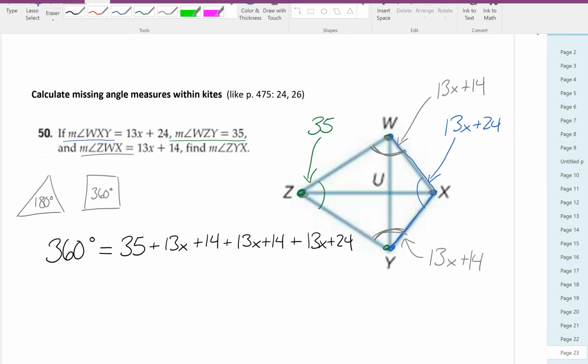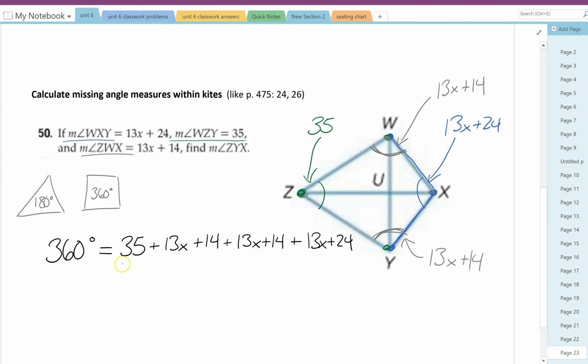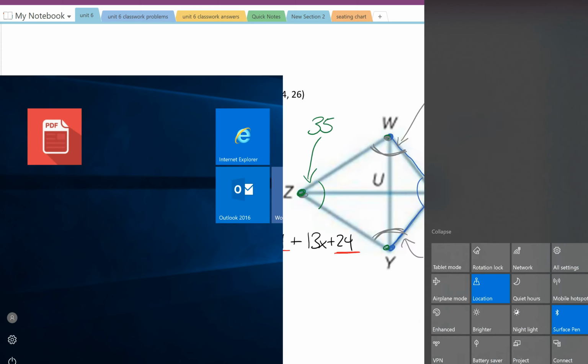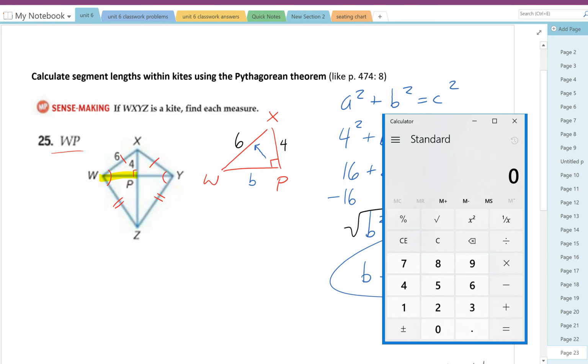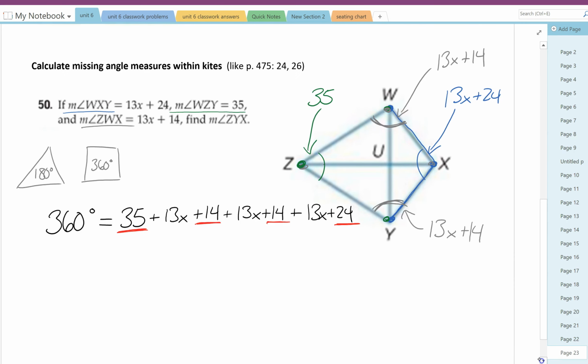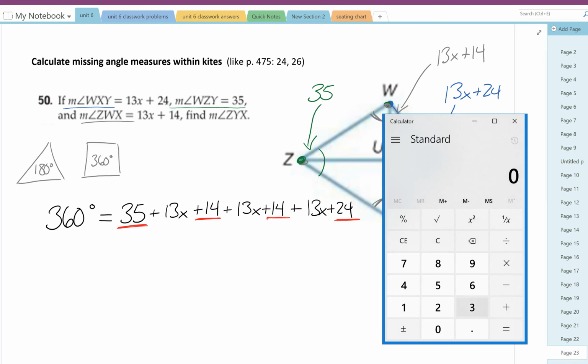I'm going to try to clean it up by combining like terms. My numbers are 35, 14, 14, and 24. Because I'm feeling lazy, I'm going to use a calculator. 35, 14, 14, 24 is 87.